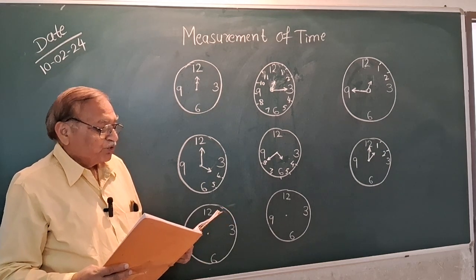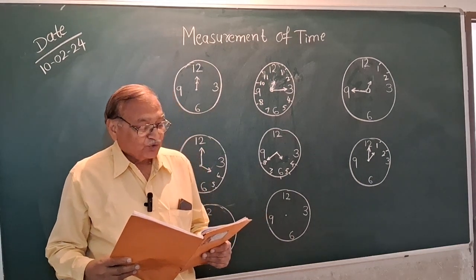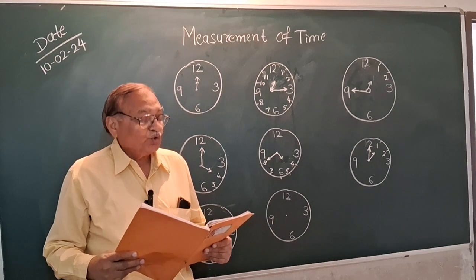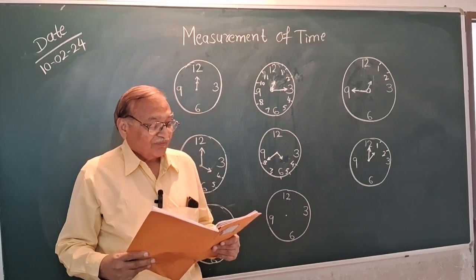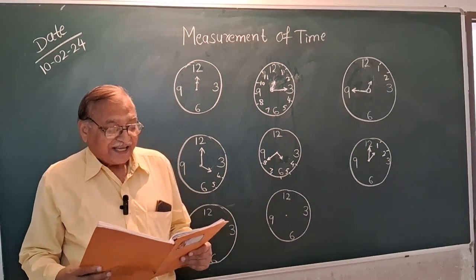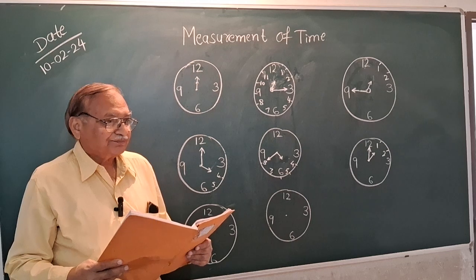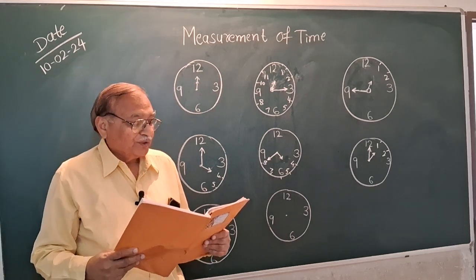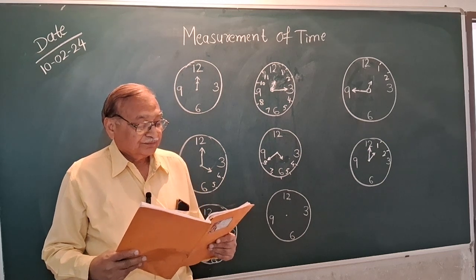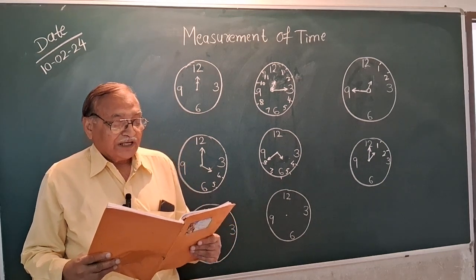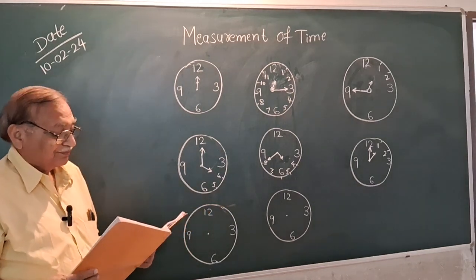Tai says, you had asked me, read with me, you had asked me how to tell the time using a clock. Today, I have brought a big clock to help you to learn that.